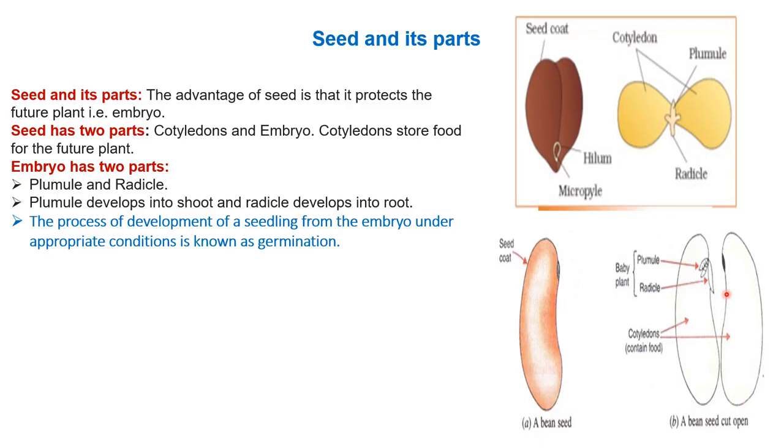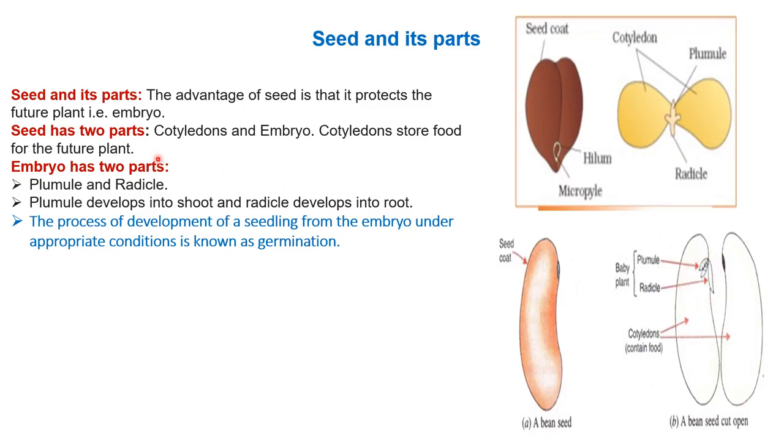Till the time green leaves develop in the plant, cotyledons serve as a source of nutrients to the small baby plant which we call a seedling, right?